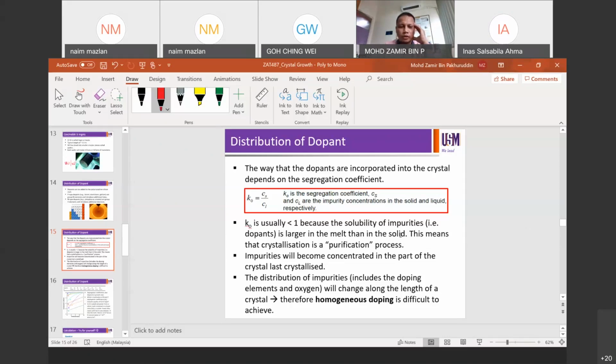No, inconsistent. So if it's inconsistent, what does it mean? Kalau tak consistent, apa implication ni? What do you think is the implication? Kalau you jual ingot ke orang, how do you sell the ingot? Can you sell the ingot?